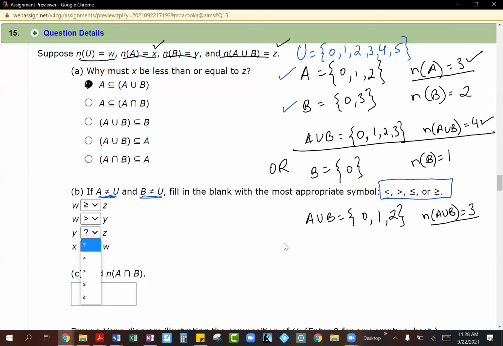So, think about it. What if the situation that we talked about over here for part A was reversed?